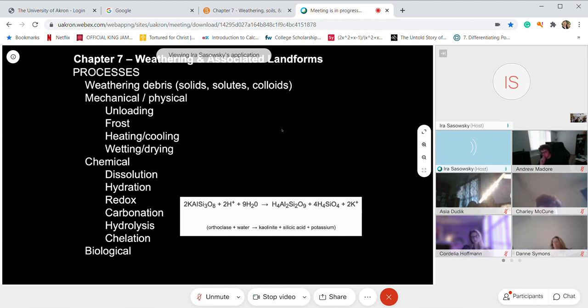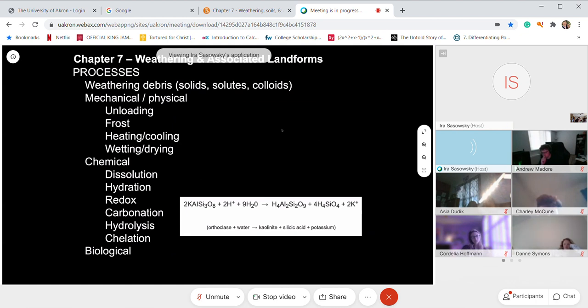Gypsum is another very soluble material. It can dissolve over human life scales. Quartz, which is a very common mineral, has a very low solubility, but there are conditions of high water flux or high temperature that can lead it to be substantially dissolved.